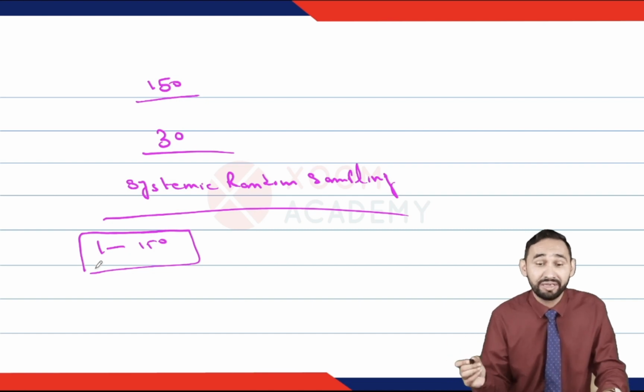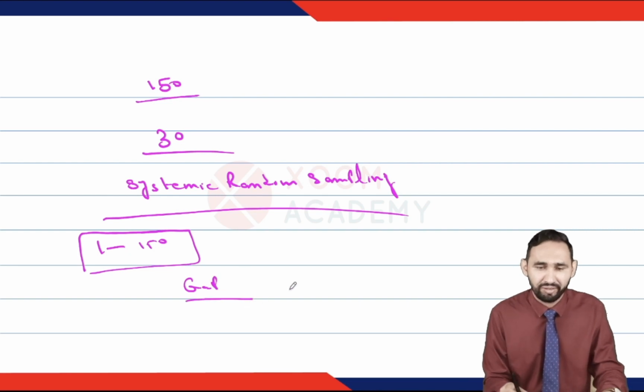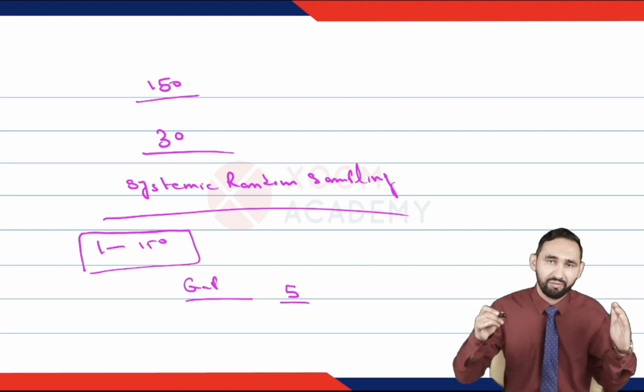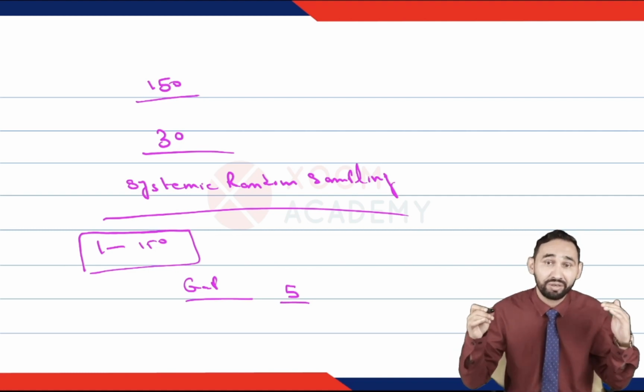That's why we'll do systematic random sampling, and we devise a gap. Desired sample is 30, so the gap is 5. Remember, if a gap is required or we want to go from start till end, systematic random sampling is the most appropriate technique.